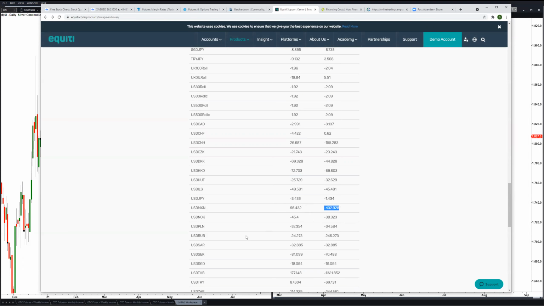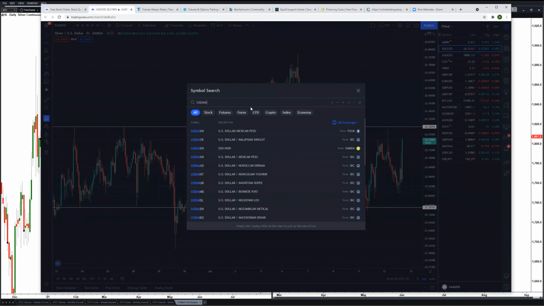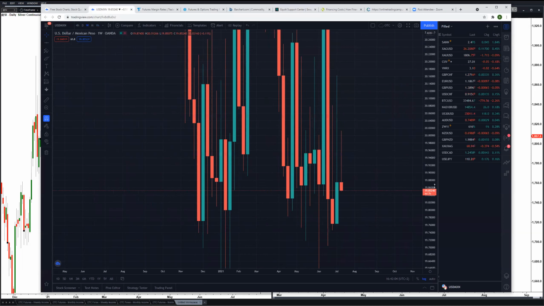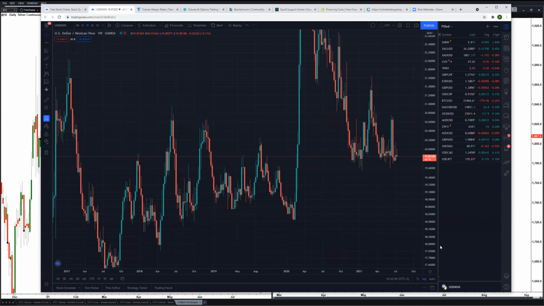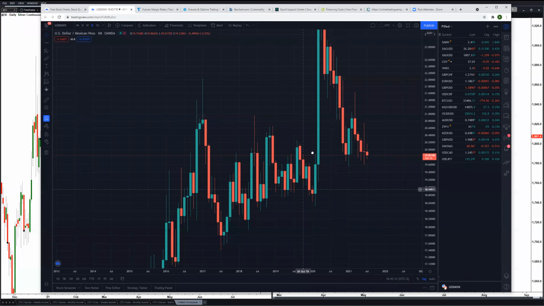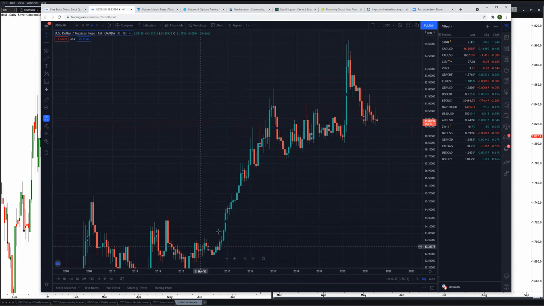But if we want to go long USD Mexican peso, and if we look at USD Mexican peso quickly on the chart, and I click to the weekly or the monthly chart, you see that we are in an overall big uptrend.